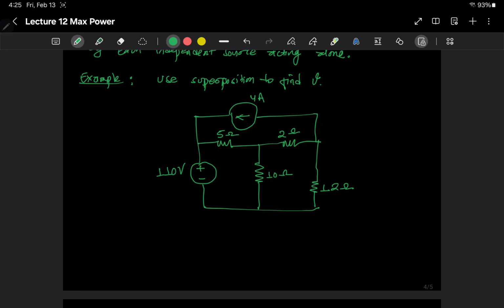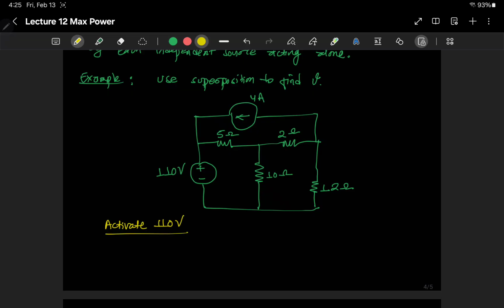Okay, so by this point we know that whenever we deactivate a current source we open circuit it, and whenever we deactivate a voltage source we short circuit it. So let's do that. We activate one source at a time. We start with activating the voltage source first. Let's activate the 110 volt source.